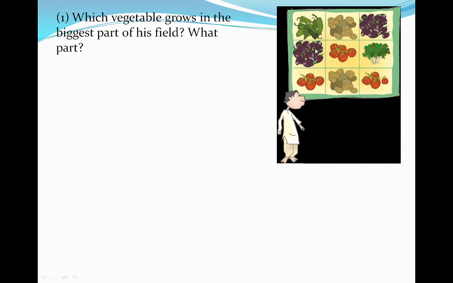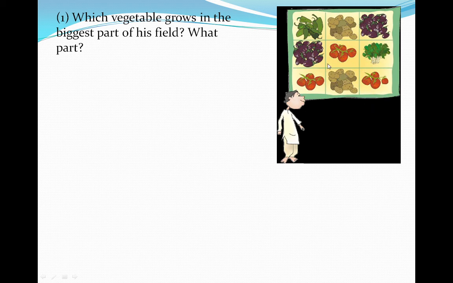Look at here carefully: capsicum occupies only one part, but potato occupies two parts, 1 and 2. Like potatoes, brinjal occupies 2 parts, 1 and 2. But tomato occupies 3 parts, 1, 2, 3. That means tomatoes grow in the biggest part of his field.